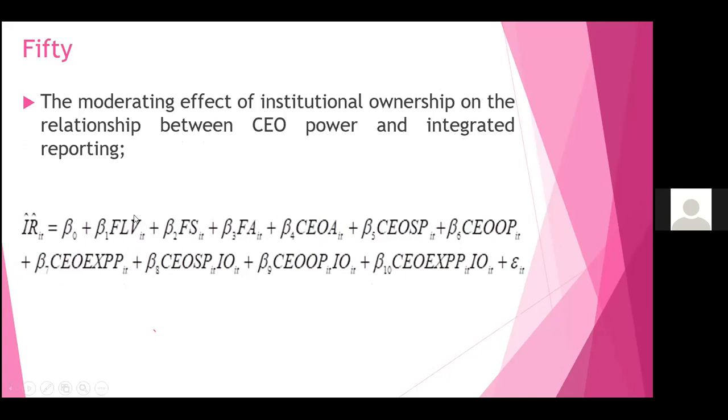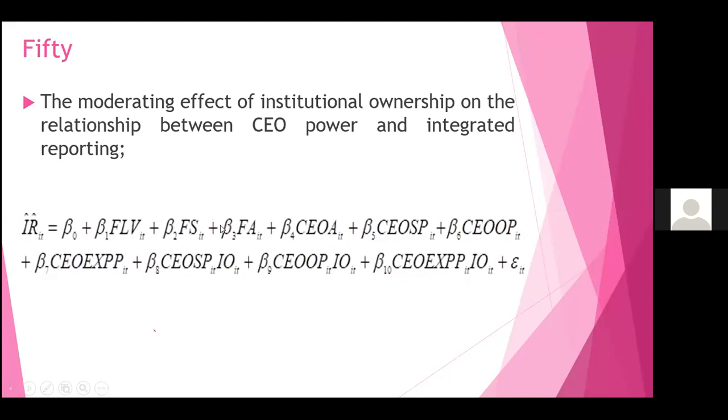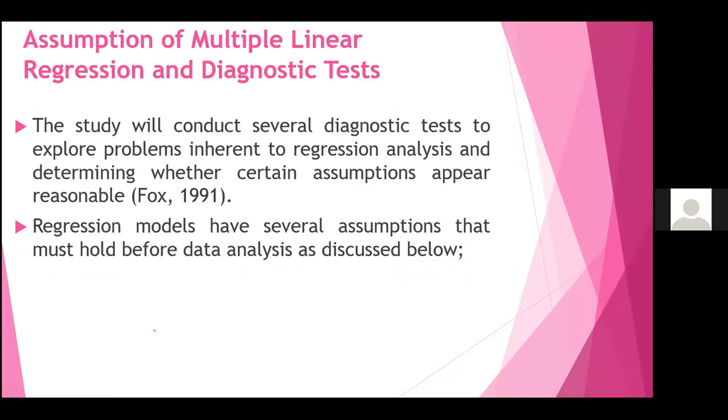Of course, while having all the other control variables and the sub-constructs of my independent variables. Then I will have earnings quality. These are the previous results of the moderation, so I'll bring that here to see whether there is mediation in the study. But I am still doing that.